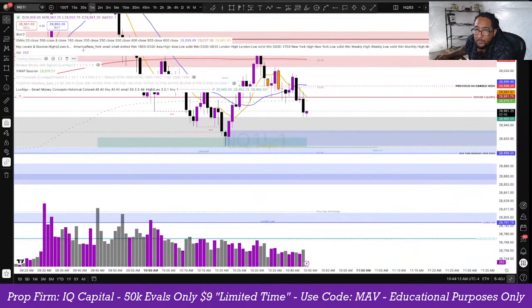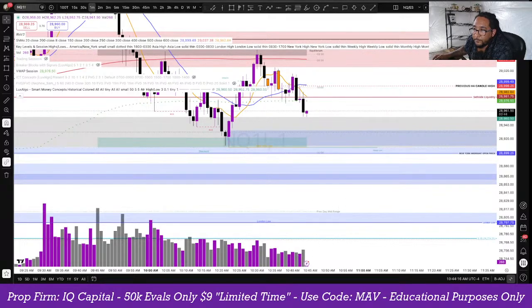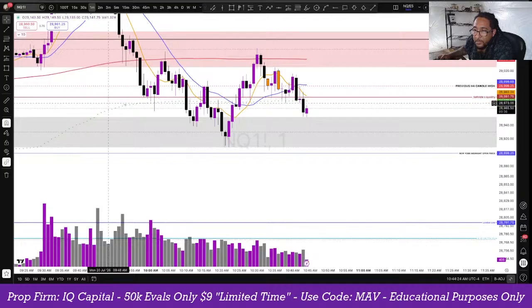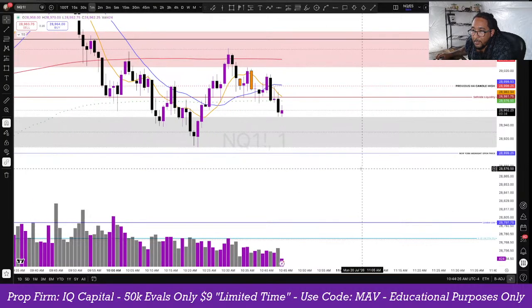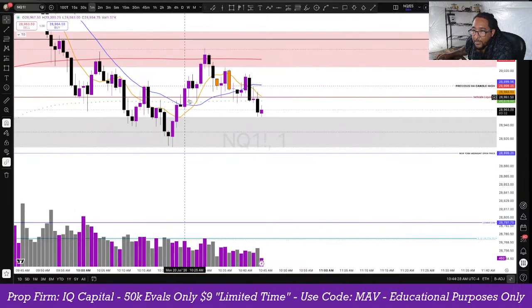Let me clean up some of this here. I got a few indicators here that I use from time to time. It picks up some of the things that my naked eyes will miss. Sometimes I'll use these moving averages as confluences when they cross.